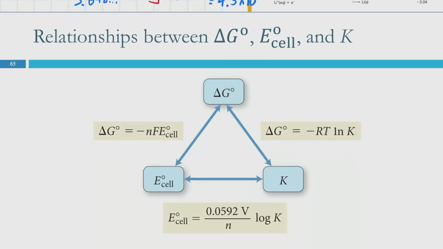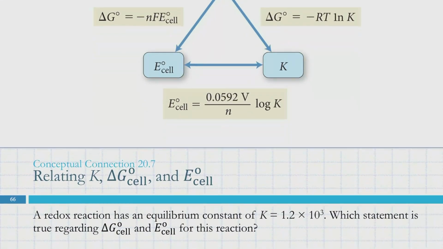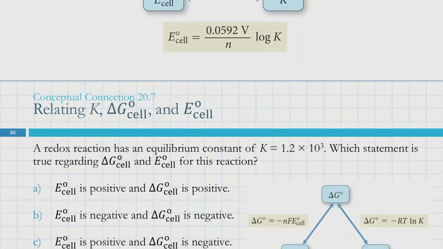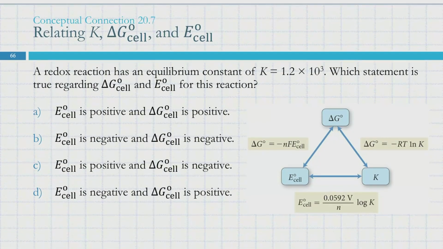All right, so that was the last leg of our triangle here. You may remember that we looked at this 2 weeks ago or so. So this fills out the last relationship between our Gibbs free energy, our electrode potential, and our equilibrium constant K. Let's say that a redox reaction has an equilibrium constant of 1200.